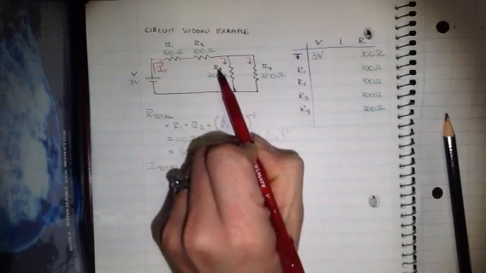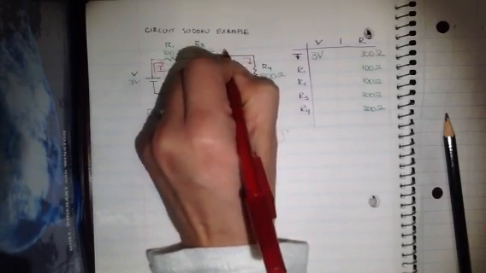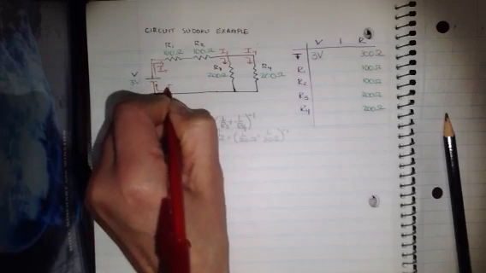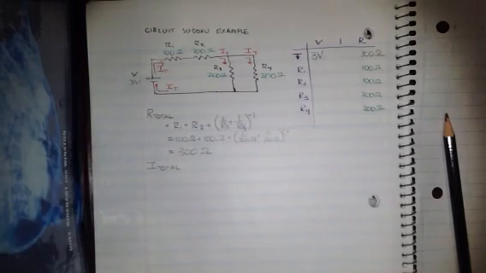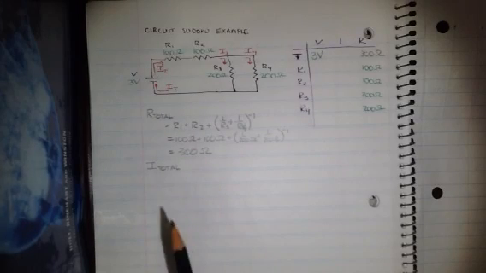For simplicity's sake, I'm going to call this current I3 and this current I4 before finally coming back together and re-entering the battery. Total current.